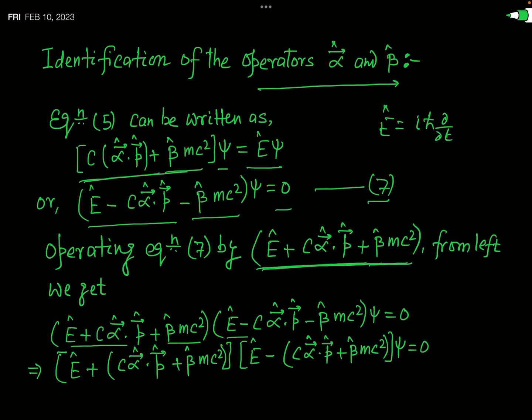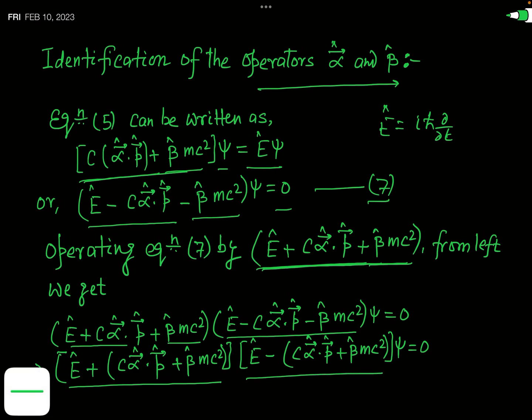This is (E hat minus C alpha dot P minus beta MC square) psi, and that will be equal to 0. Now this equation can be written like this: E hat plus C alpha dot P plus beta MC square operated on E hat minus C alpha dot P plus beta MC square.